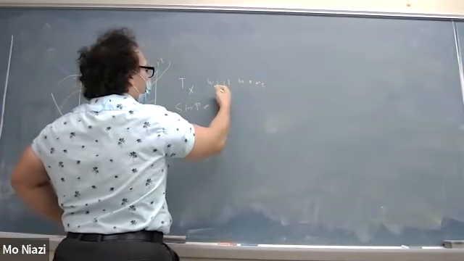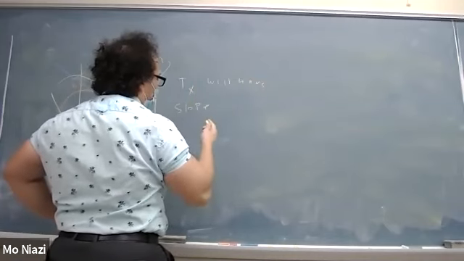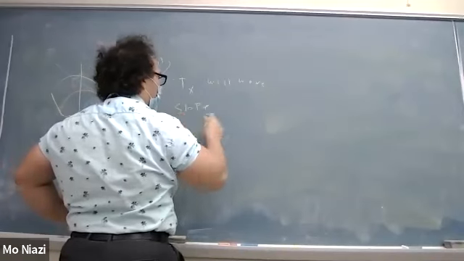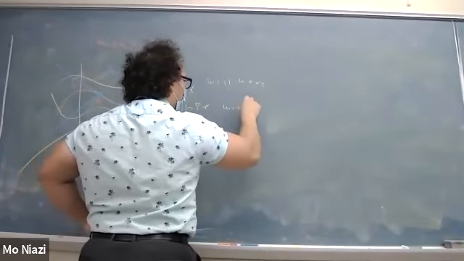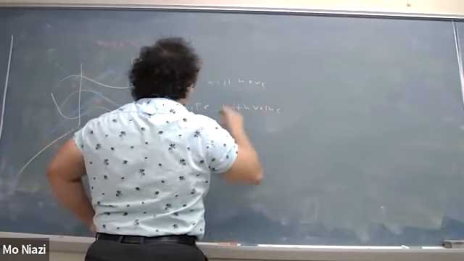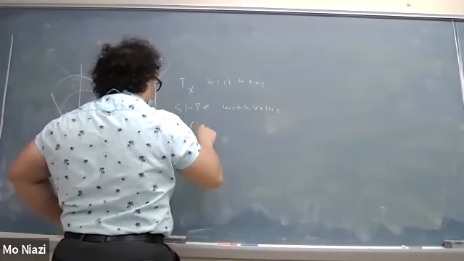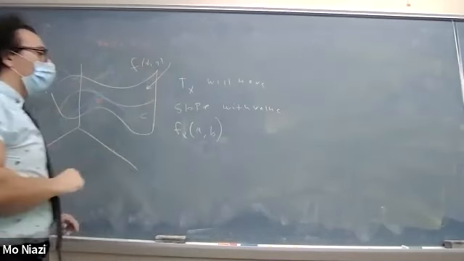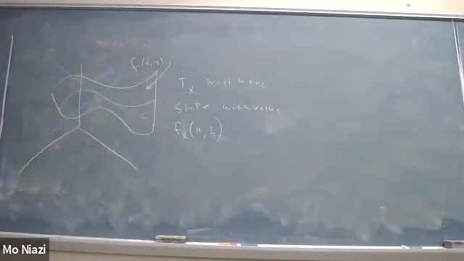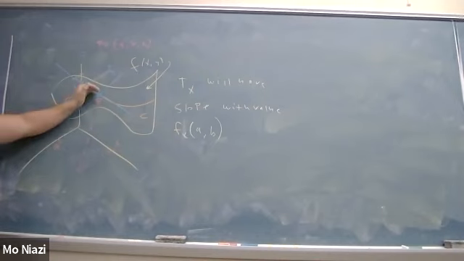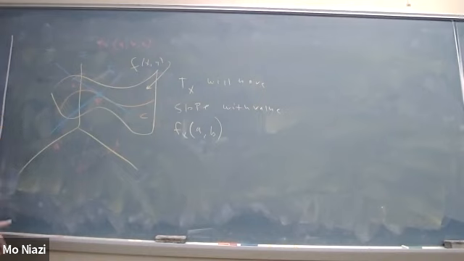T sub x is a line, right? So it's going to have an associated slope. Whatever the output of f sub x evaluated at A, B is, will be the slope of this t sub x. Remember, derivatives give you slopes. So this is telling you the derivative in the direction of x.